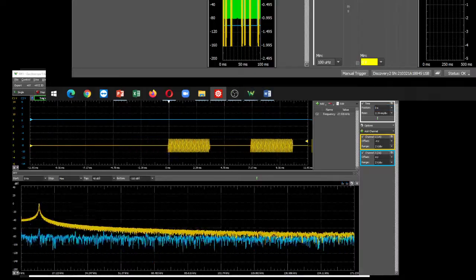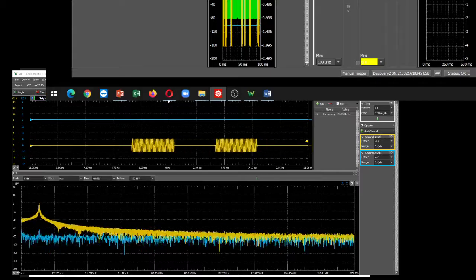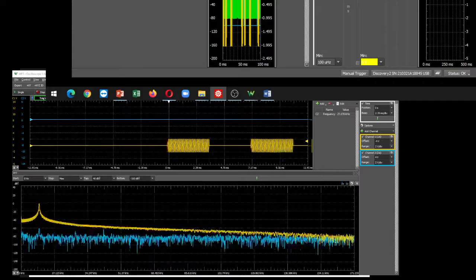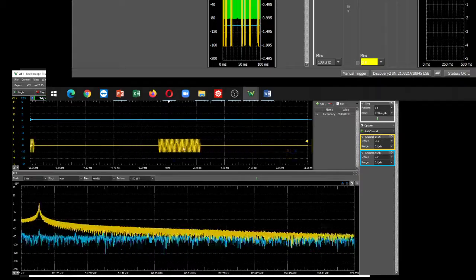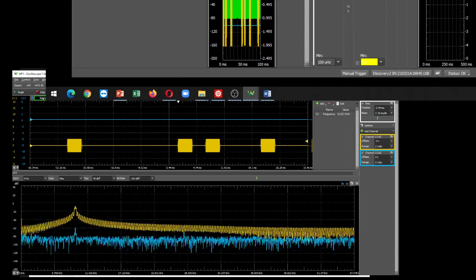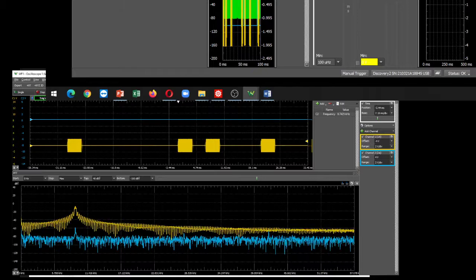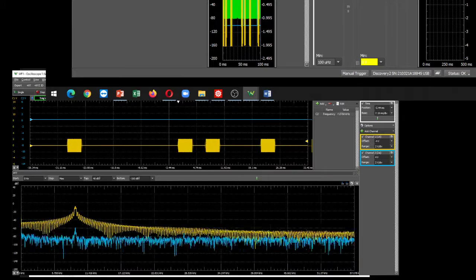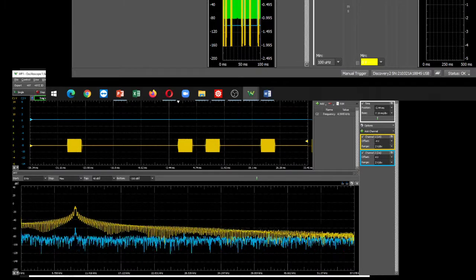If you have learned Fourier transform, the bottom graph shows the Fourier spectrum of the modulated signal, indicating that it indeed has a frequency of 9.3 kHz, which is the chosen frequency. This method of modulation is called amplitude modulation, or AM, as in AM radio.